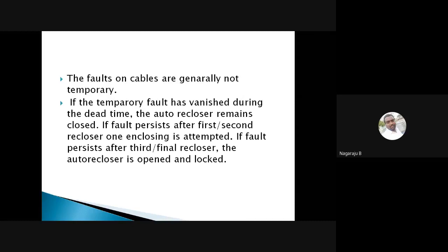A recloser has one interrupting chamber, which is correlated with the main contact, which operates in oil, and a control mechanism to trigger tripping and reclosing.